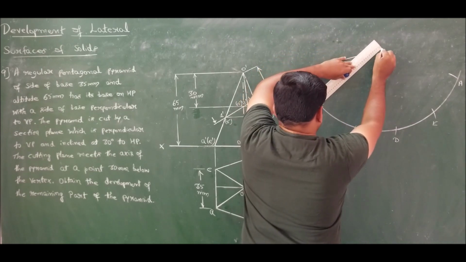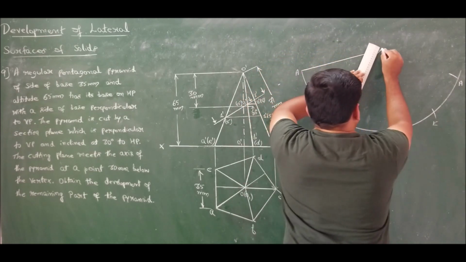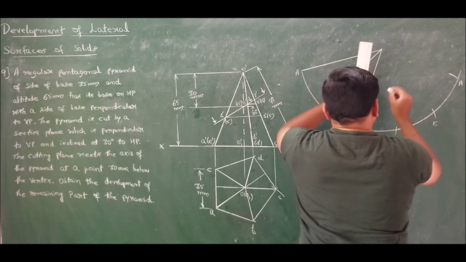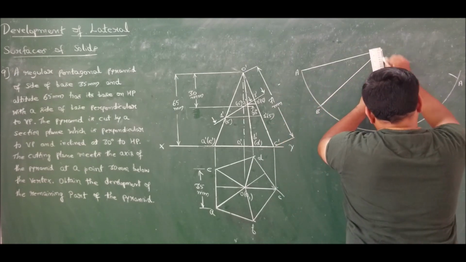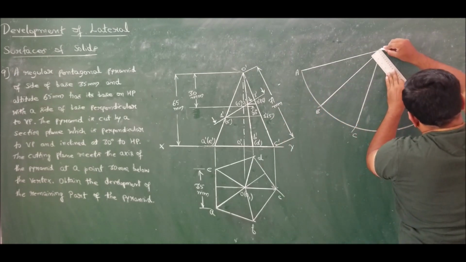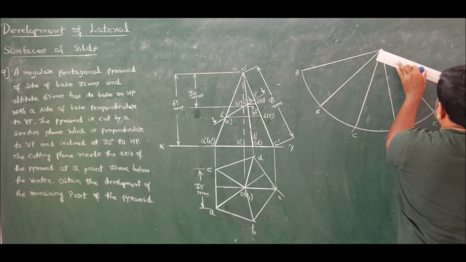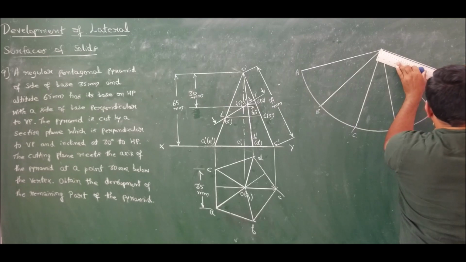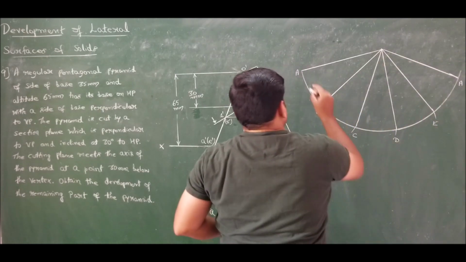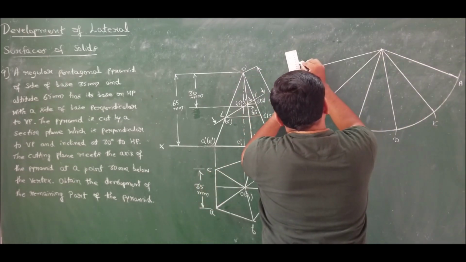OA, OB, OC, OD, O to E, and finally closing side is same as this starting side, that is OA. Done. So this dimension is how much?